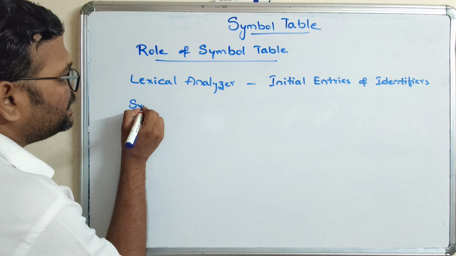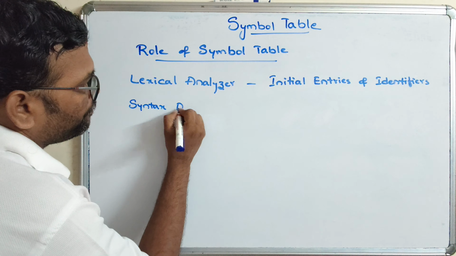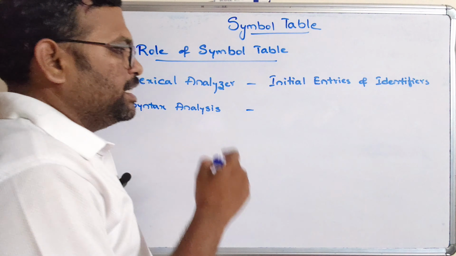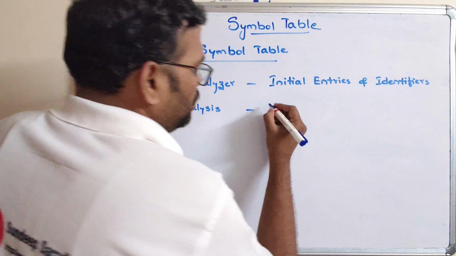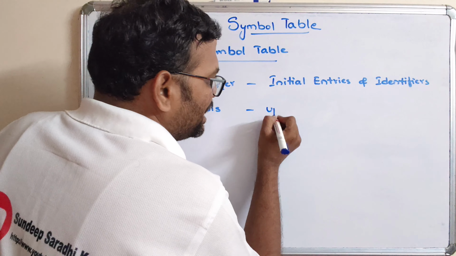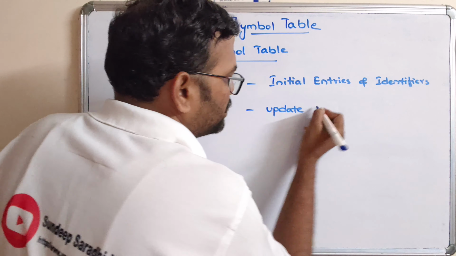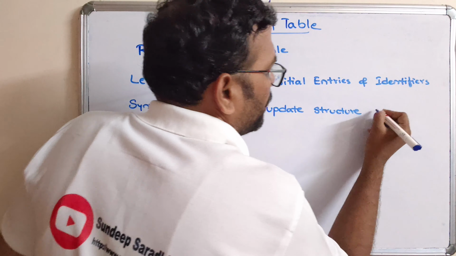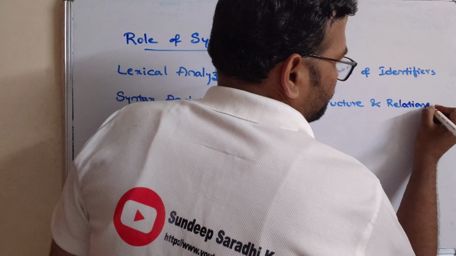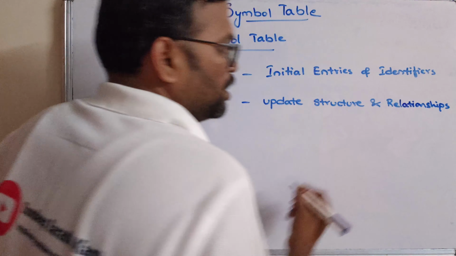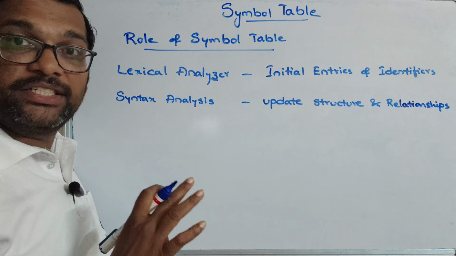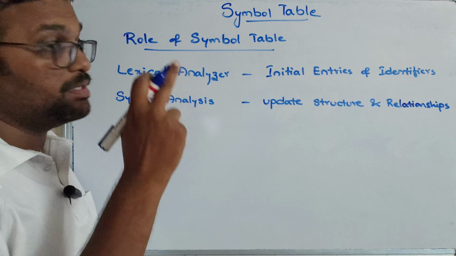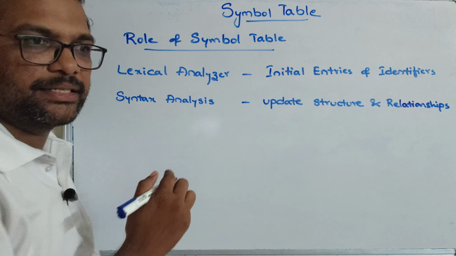Next, syntax analysis. In syntax analysis, it will update the structure and relationships of the identifiers. So it updates the complete structure and relationships of our identifiers. That is the role of the symbol table in syntax analysis.